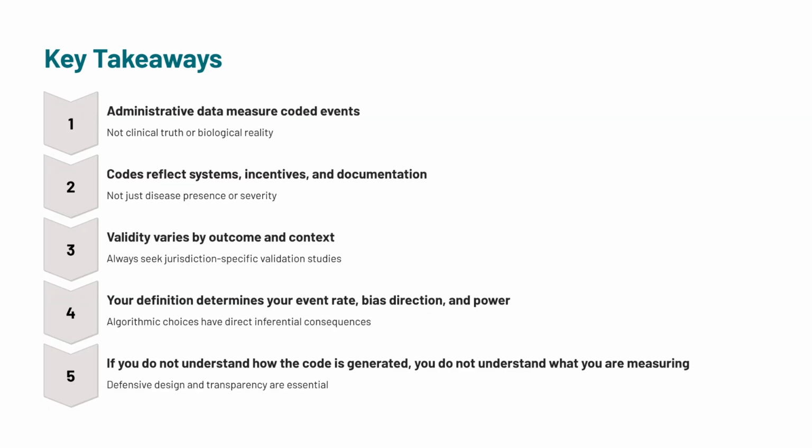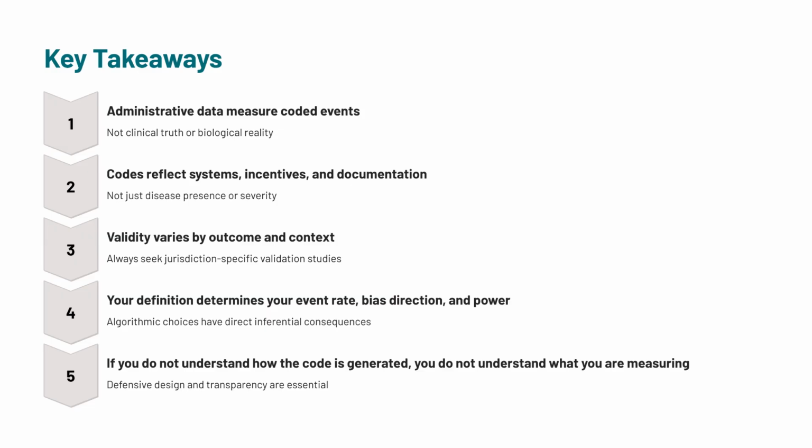Let's wrap up. Admin data measure coded events, not clinical truth or biological reality. Codes reflect systems, incentives, and documentation practices, not just disease presence. Validity varies by outcome and context, so you should look for evidence that matches your setting.